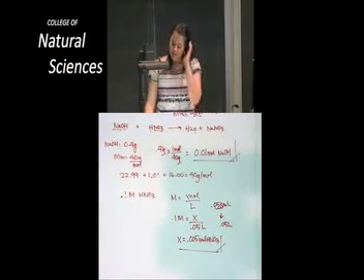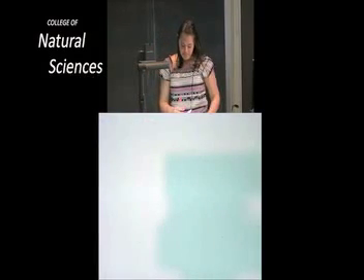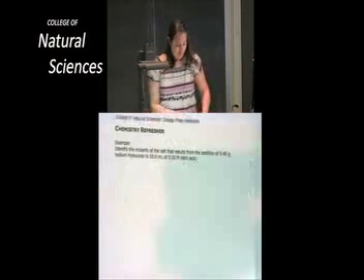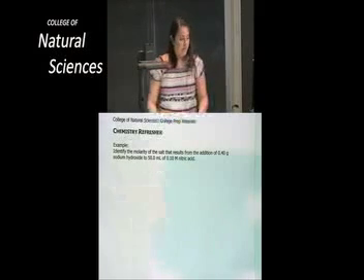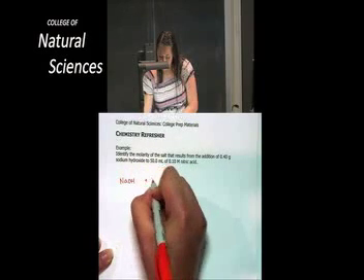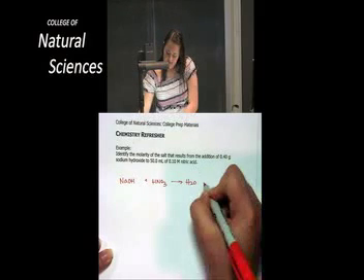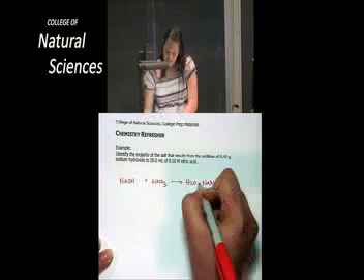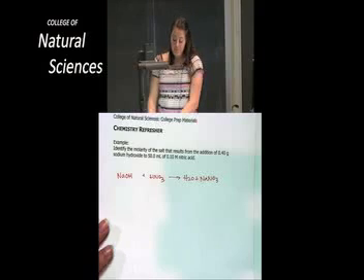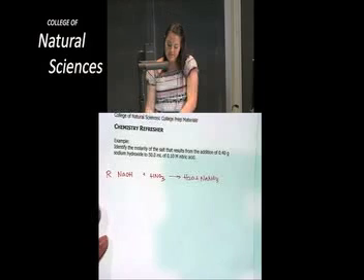Now we need to determine which is the limiting reactant, because we have different amounts of each. So let's just get a fresh piece of paper. And if we rewrite this, NaOH and nitric acid are reacting to give us water and sodium nitrate. Okay, so the way we like to solve these types of problems here is by setting up a RICE equation. And RICE is just a little acronym to help you remember how to set this up.